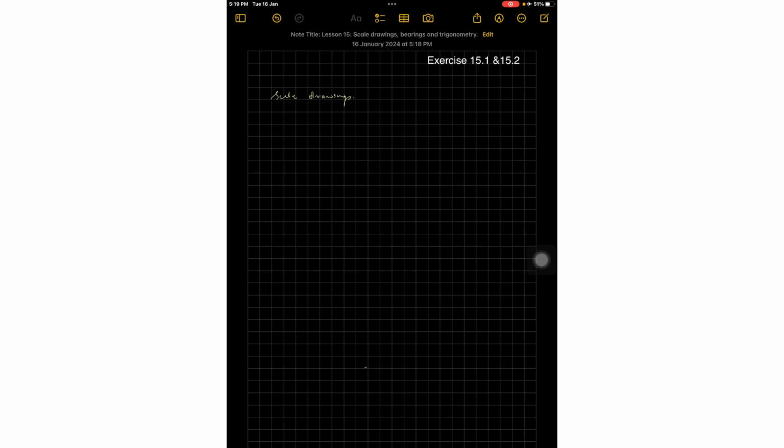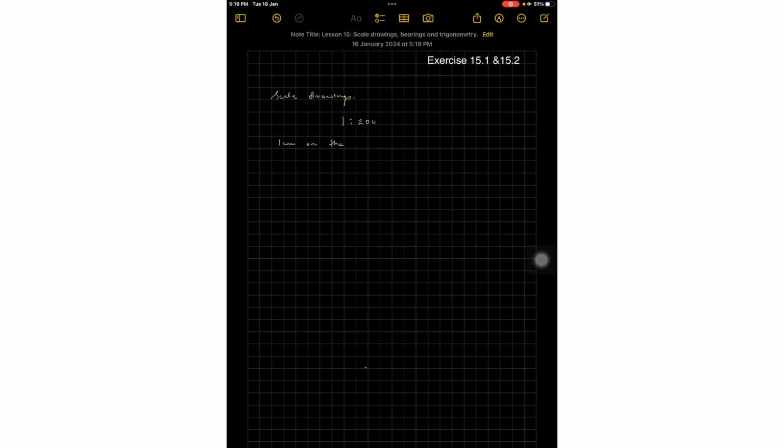So a scale drawing could be expressed using ratios, and let's take for example, I have a ratio which says 1:200. 1:200, which means that for every 1 centimeter on the paper, it would represent that 1 centimeter on the paper is going to represent 200 centimeters on the ground.